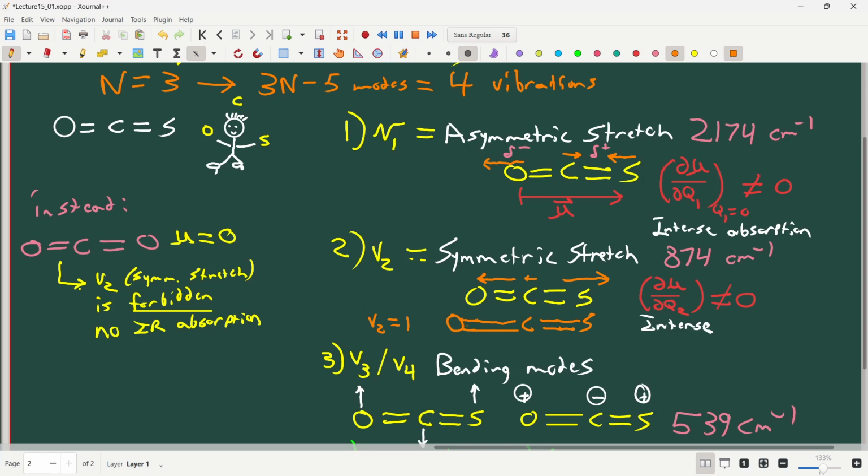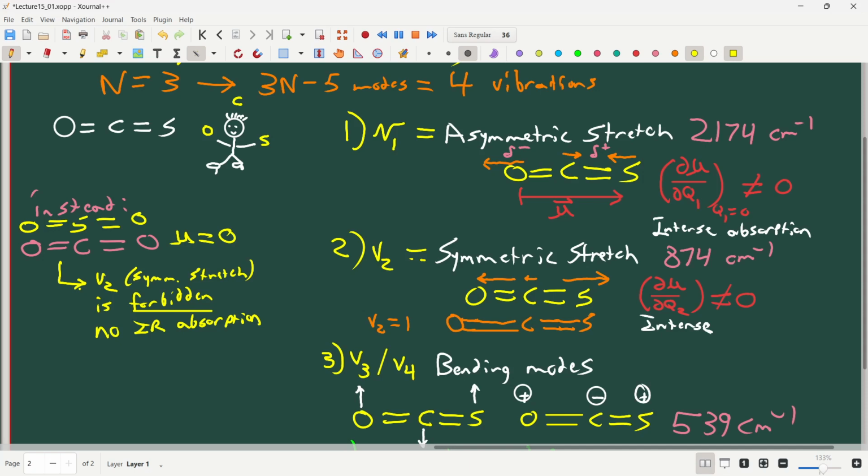And so when you do SO2, just as a reminder, SO2 is the molecule in the third rotation. SO2 looks like this. So you can already tell that SO2 should have 4 vibrations, and you're not going to see one of them. You're not going to see the symmetric stretch by this argument. All right? And the lab report and the data analysis goes through this argument and discusses this in more detail.